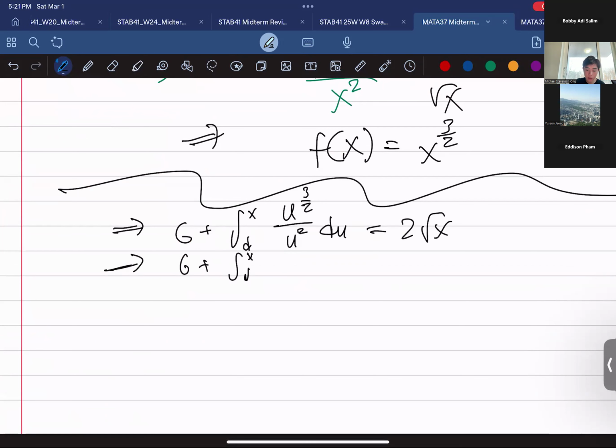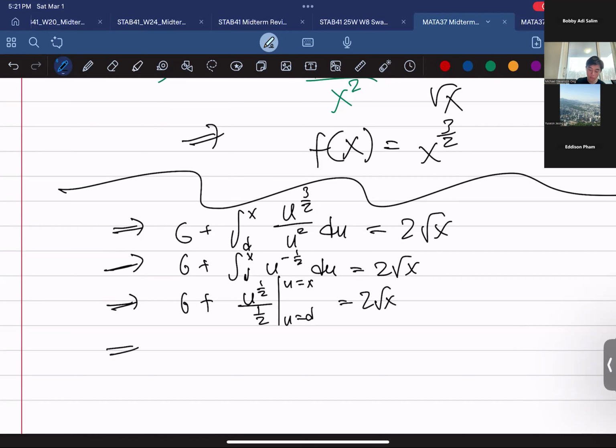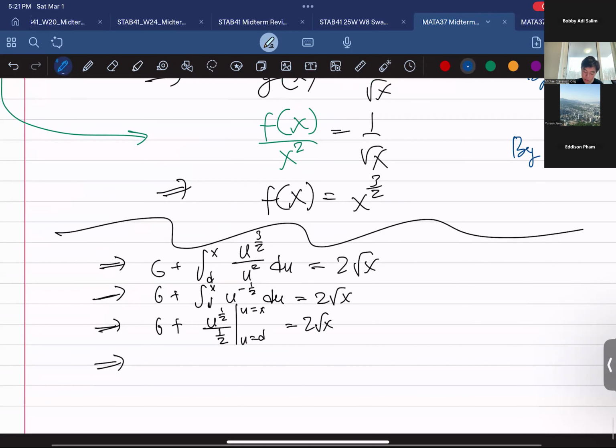And then I can simplify this form, becoming negative half. And then by inspection and FTOC1, where I solve it from u, these are the integration limits. So this is just by algebra, and this is by FTOC1 or inspection.